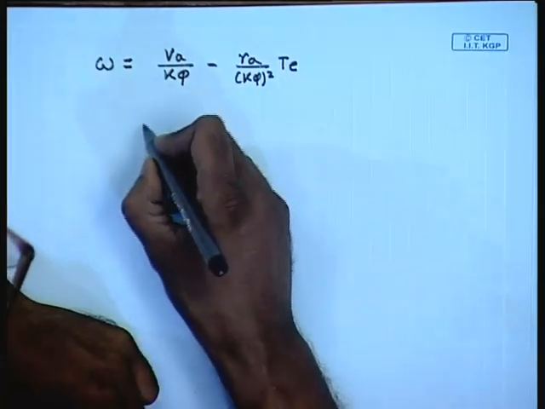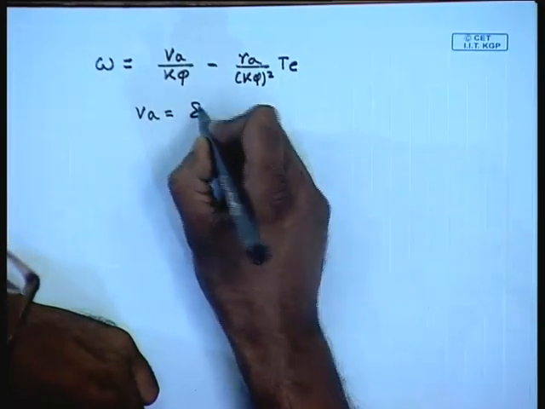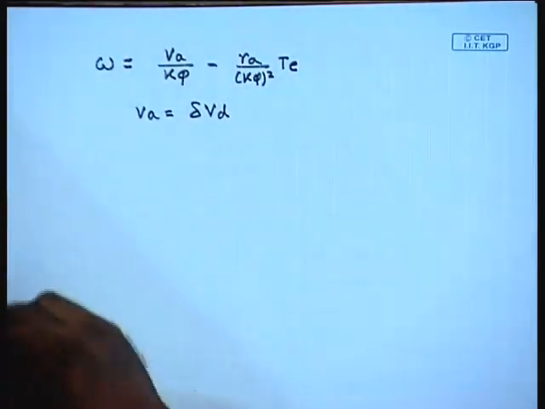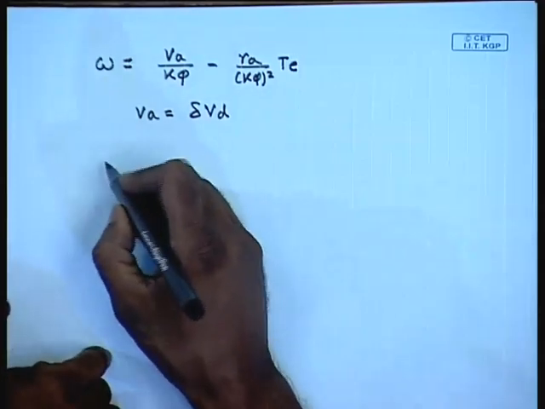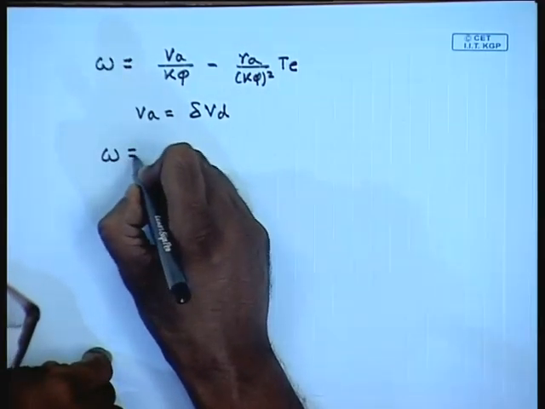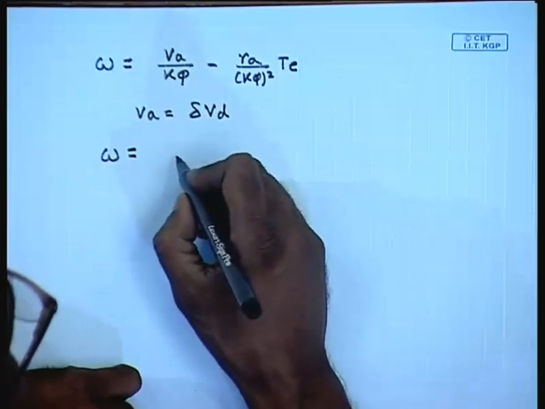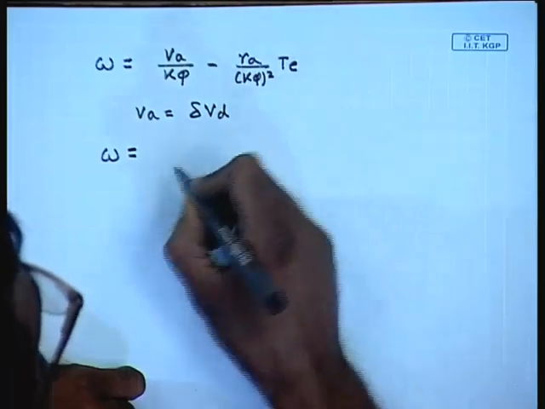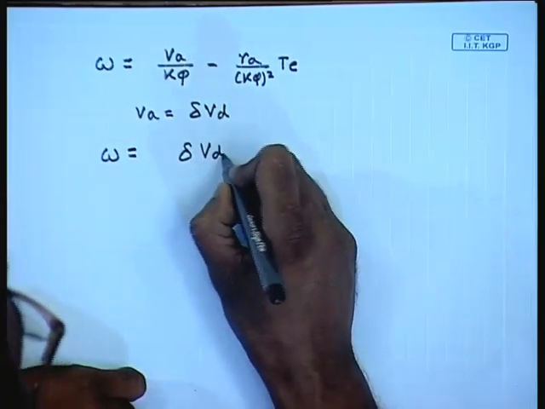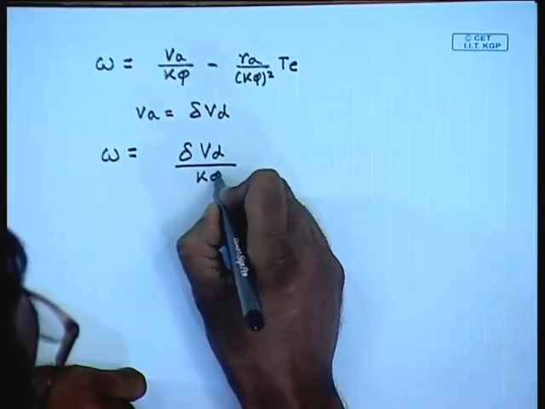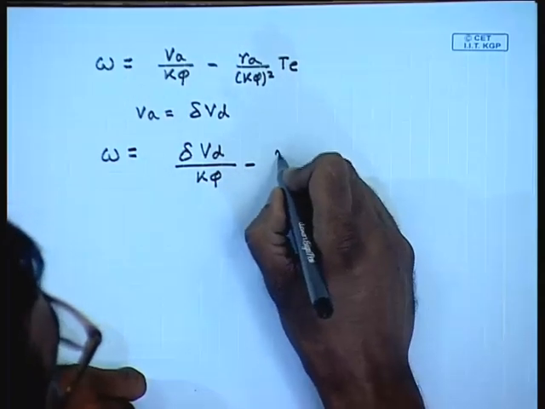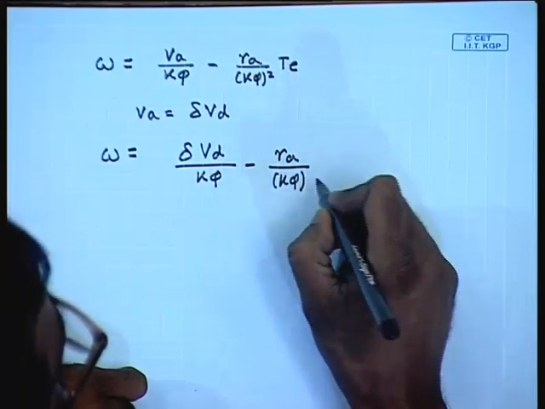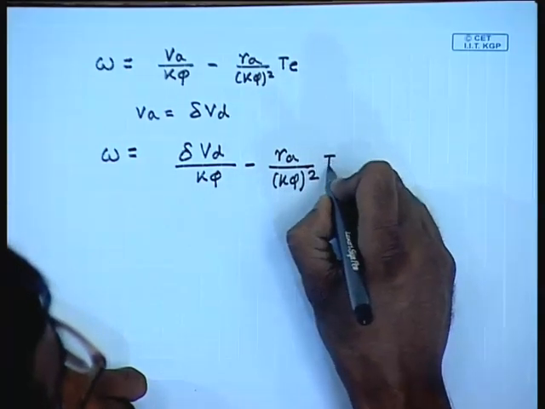Now, we have seen with a chopper Va equal to delta Vd. So, omega equal to delta Vd by K phi minus Ra by K phi square Te.